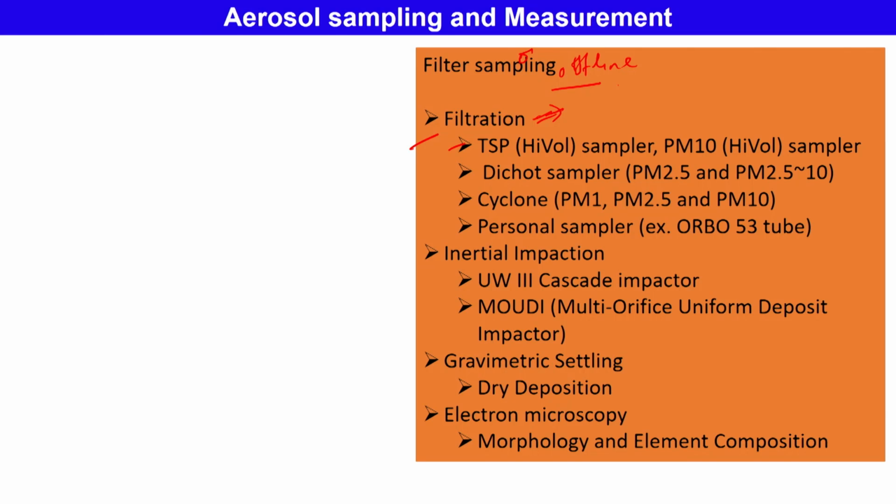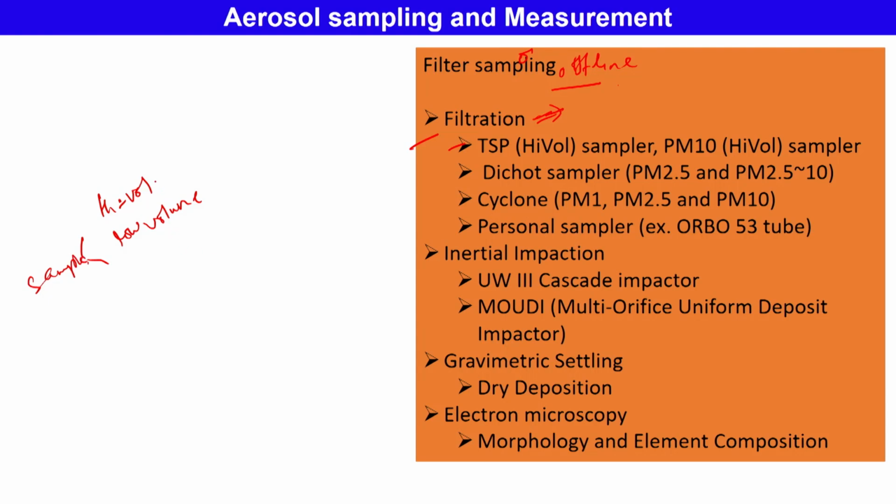And there are usually two types of samplers. One is called high volume and the other is called low volume, okay? So samplers are decided in that way.